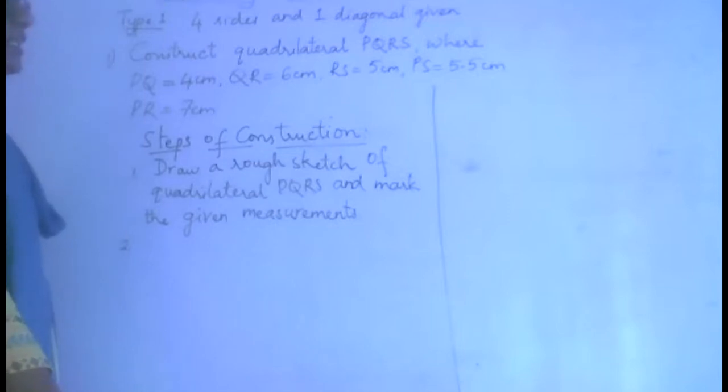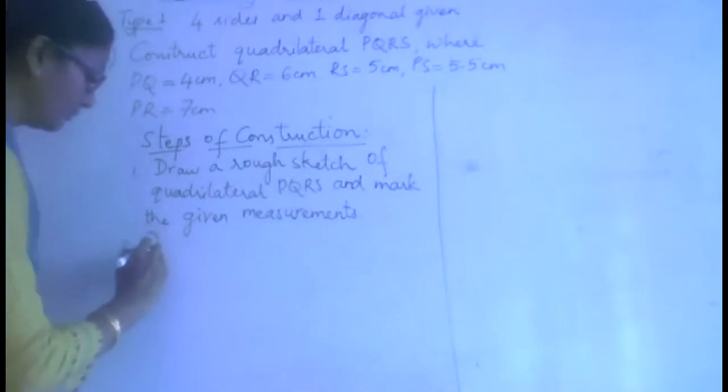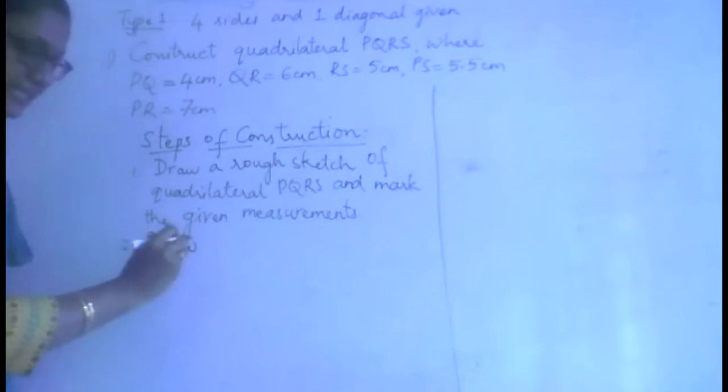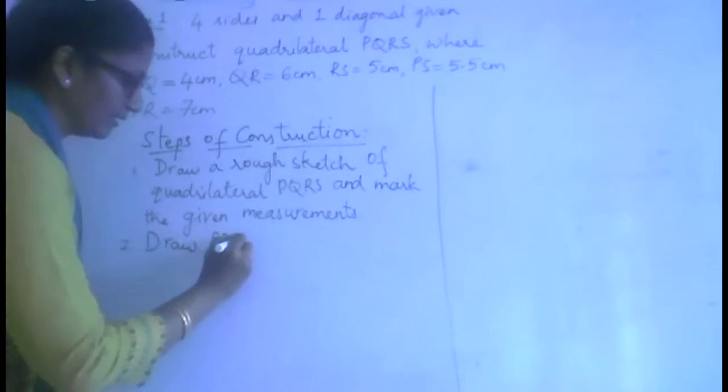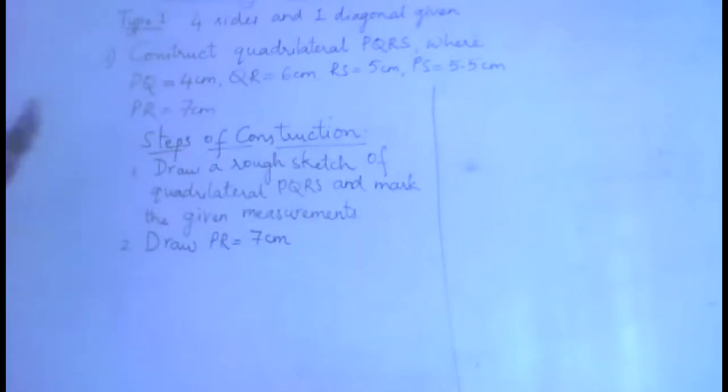Now, you need not say mark a point P, then locate R at a distance of 7 centimeters. We can make it more simple. Draw the line segment PR equals 7 centimeters. This is the best way you can write, because anyway, we have drawn the line segment PR of length 7 centimeters.